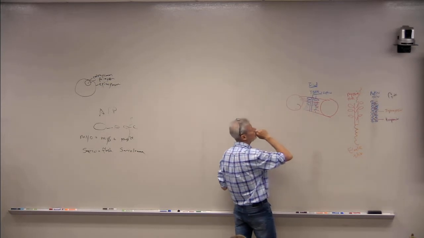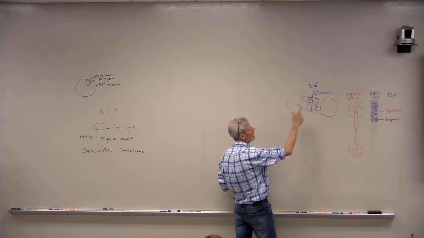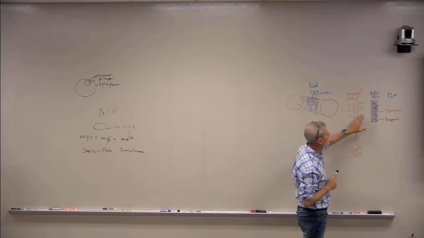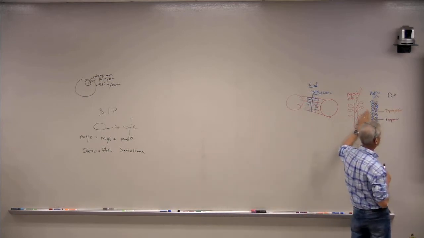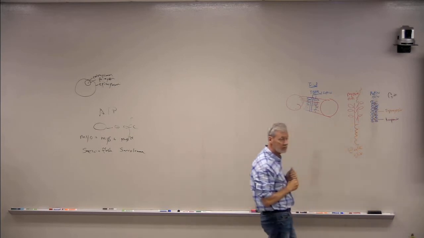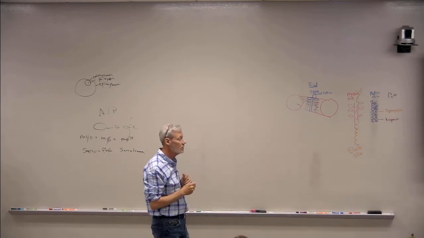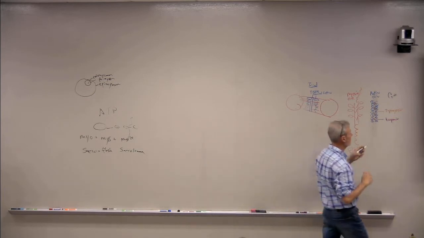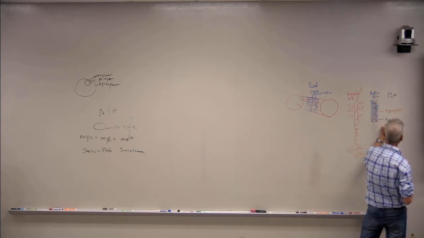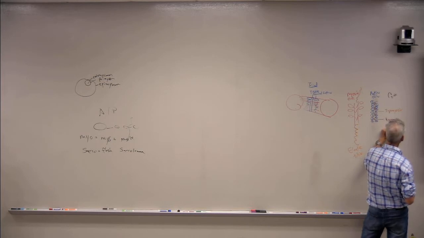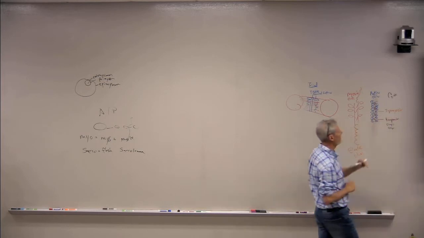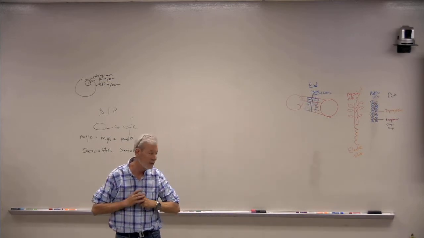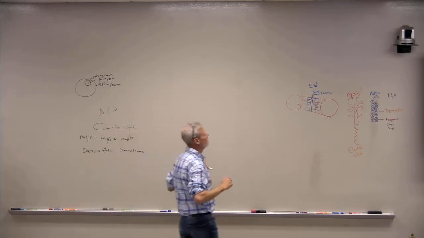And the calcium is released, causing the troponin to change its shape, causing the tropomyosin to get out of the way.